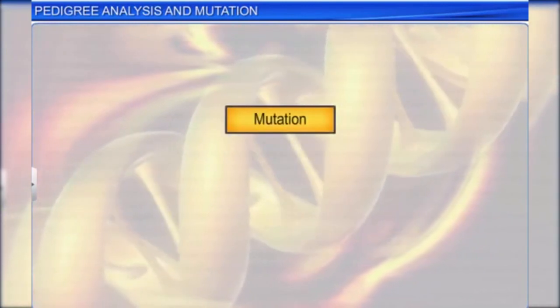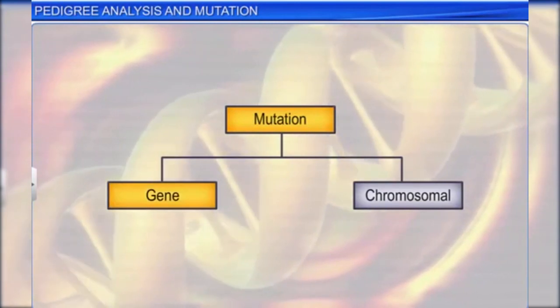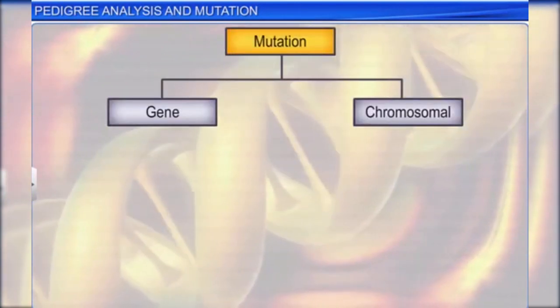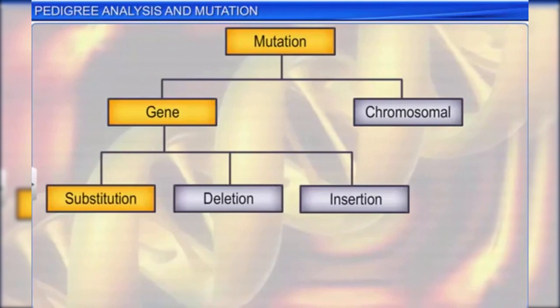Mutations in the genetic material can be of two types: gene mutation and chromosomal mutation. Further, gene mutations can be of different types, such as substitution, deletion, and insertion.